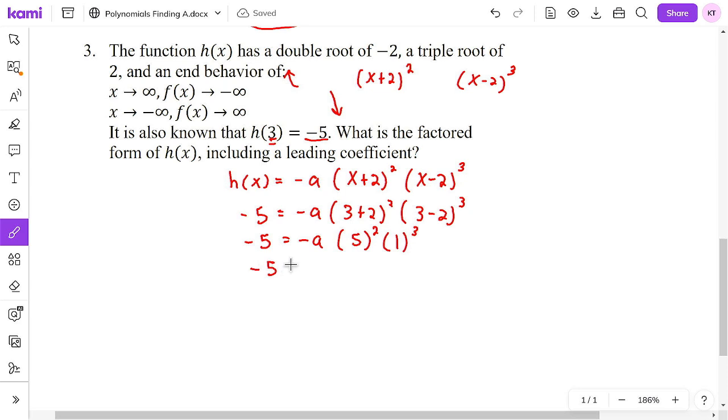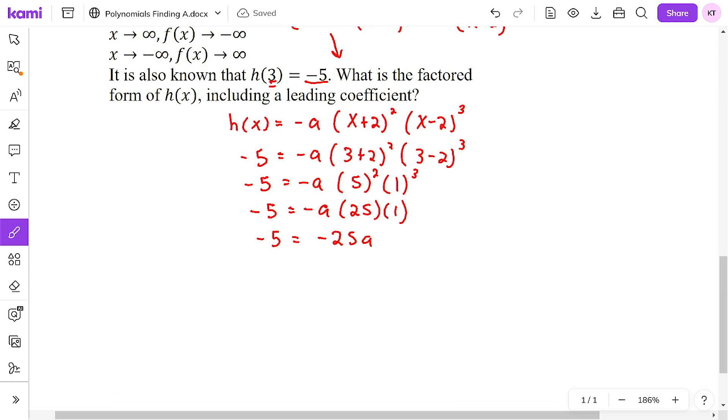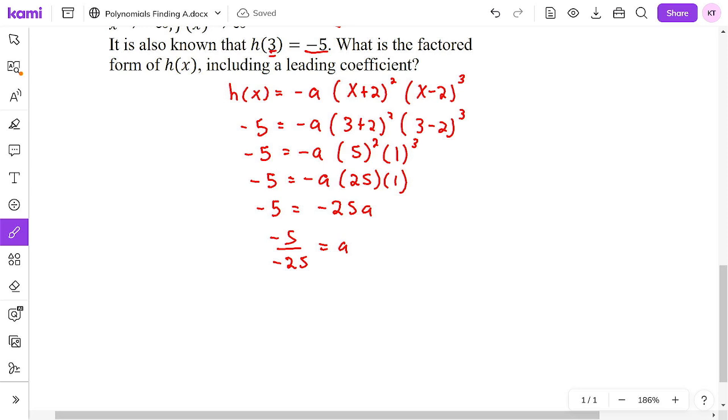Negative 5 will now be equal to negative a times 25 times 1, which is going to be the same thing as saying negative 5 equals negative 25a when I go ahead and I multiply everything out. So then just like the last ones, I'll divide both sides by negative 25 here. And that will simplify down to give me a positive 1 over 5 is equal to a.